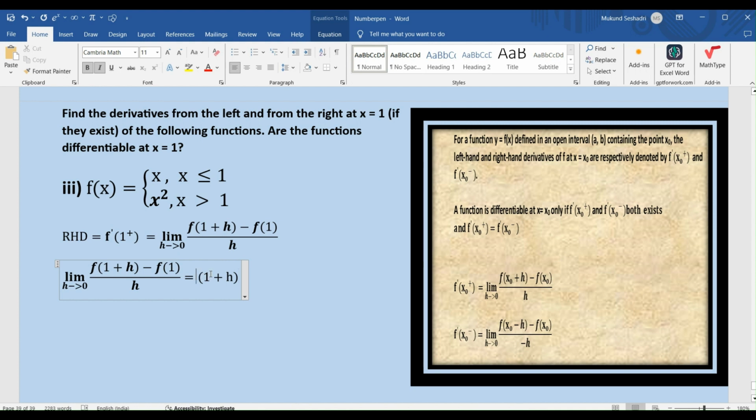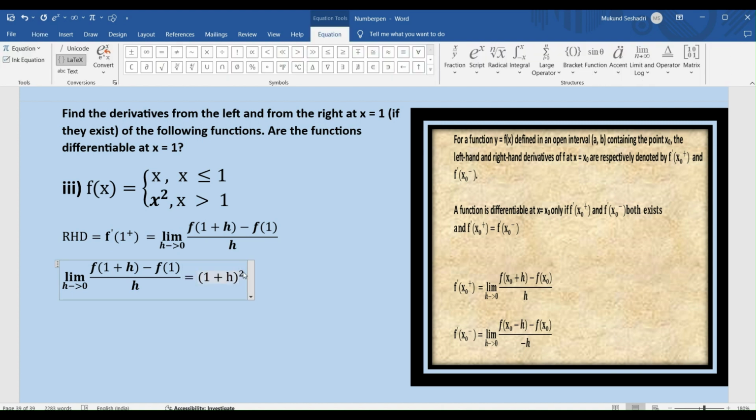That's going to be my f of 1 plus h. And I have my minus of f of 1, which we just discussed. And we have it as an x, which is nothing but a 1, divided by h, right? So this is what we have. And what is my numerator?